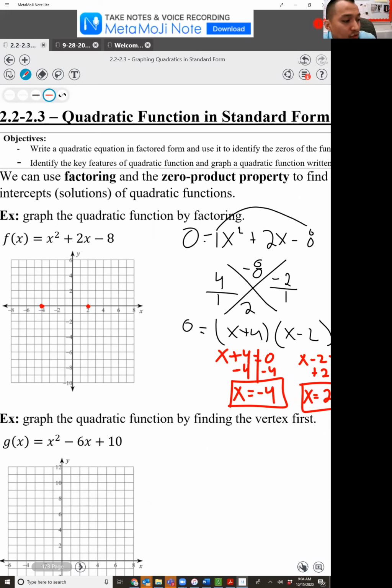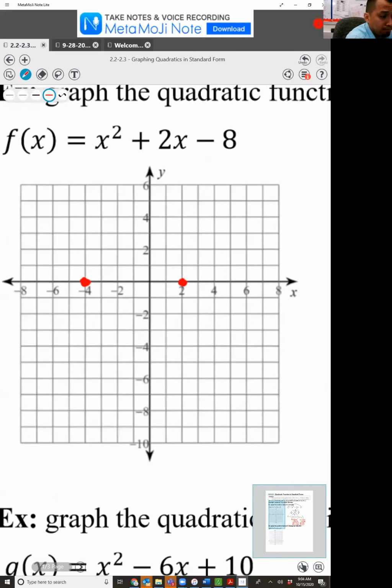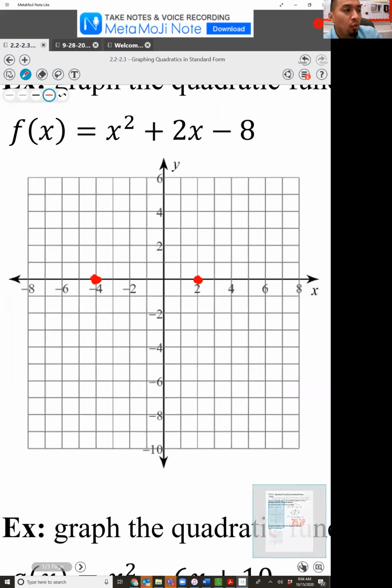Now, because we do have those two x-intercepts, I can find my vertex manually just by counting. Now, what do we know about our vertex? Well, my axis of symmetry passes through my vertex.